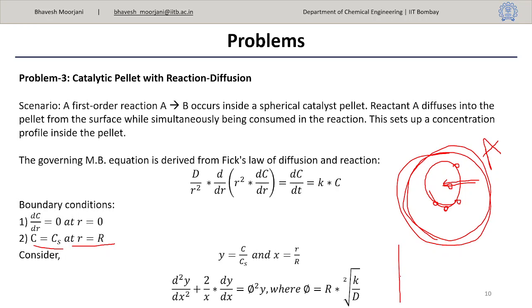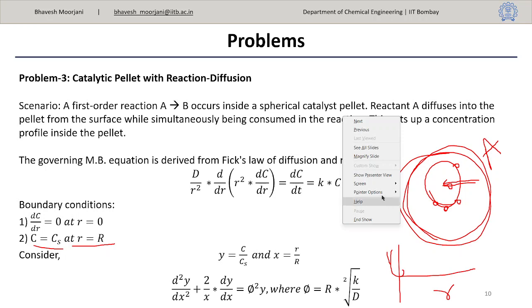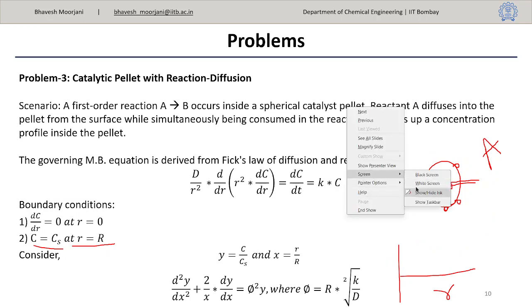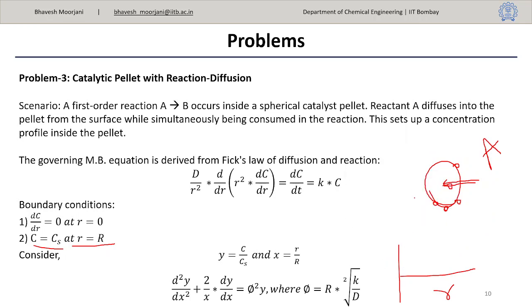So if I look at here, this is my r and this is my C. Let's say initially you have a maximum concentration, and as you move along the pellet, you might have some sort of a profile like this.